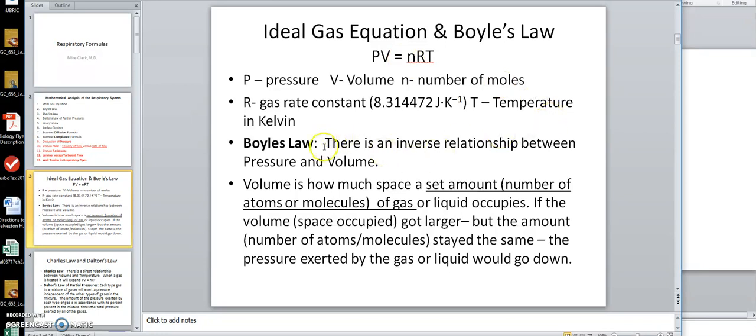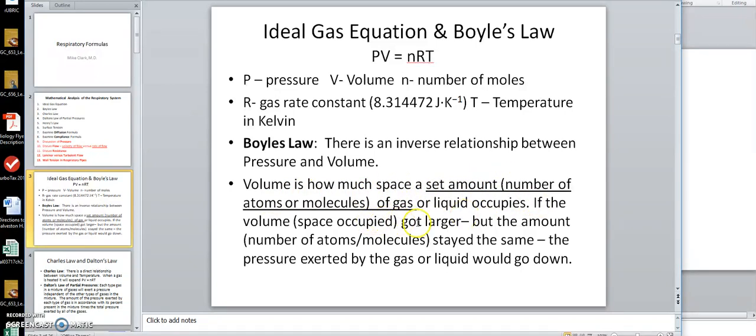Okay. Boyle's law says there's an inverse relationship between pressure and volume. Now, if we use this formula, think about it. If I take V to the other side, I've got to divide by V. So there's an inverse relationship. Basically, what's it saying? Volume is how much space a set amount of molecules of gas or liquid occupies.